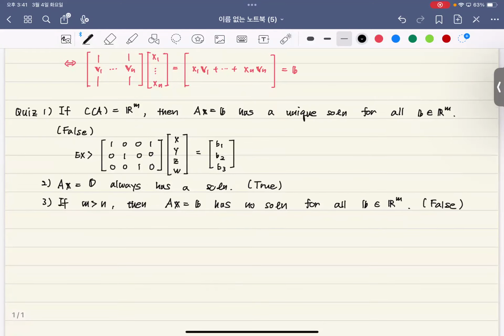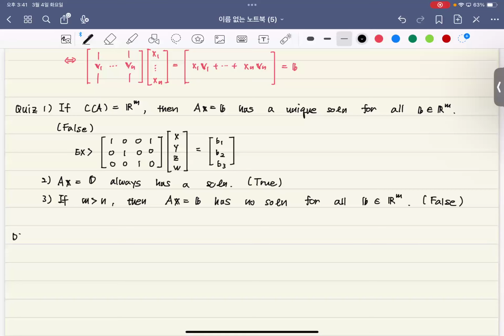All right, so this is about the column space. And another important subspace is the null space. Again, my matrix A is an m by n matrix. What is the null space? The null space is usually denoted by N(A).